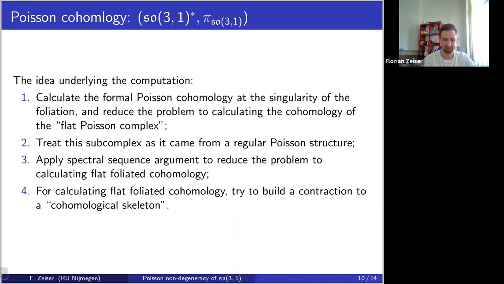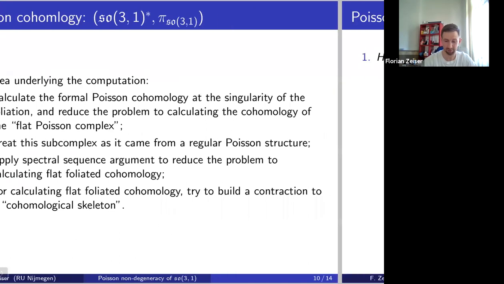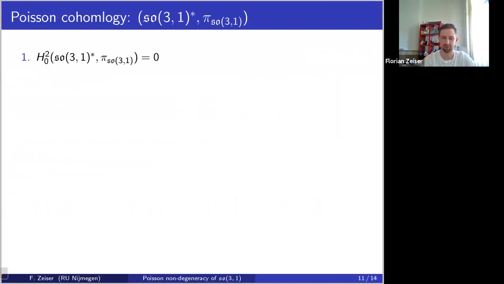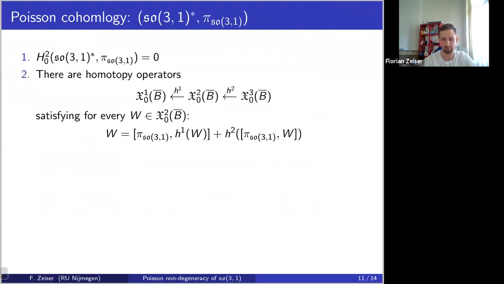In this way we can compute, in fact, the entire Poisson cohomology of our Poisson manifold. What is important for us, however, is that the second flat cohomology group is trivial. What we additionally get from the computation are homotopy operators.